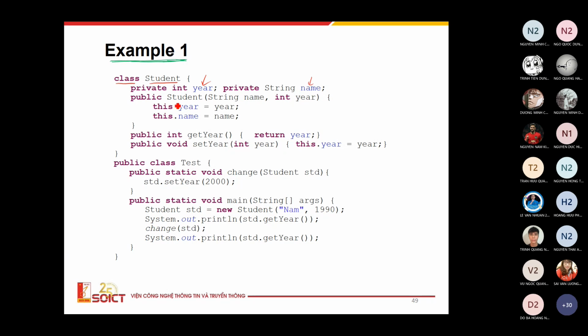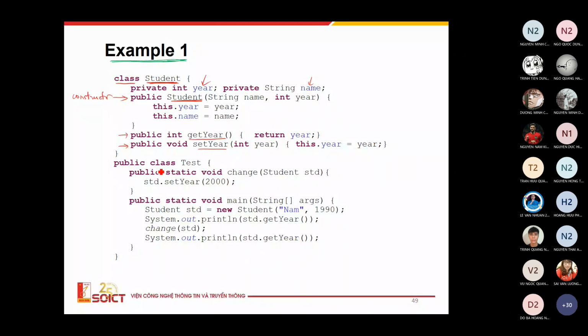Who remembers what we have here? A method with a name like the class name. So this is the constructor. And then you have 2 other methods, the get and set methods.